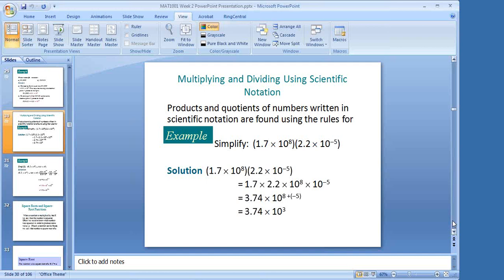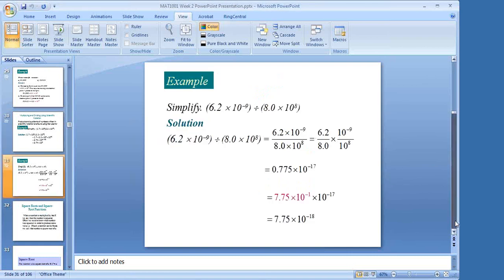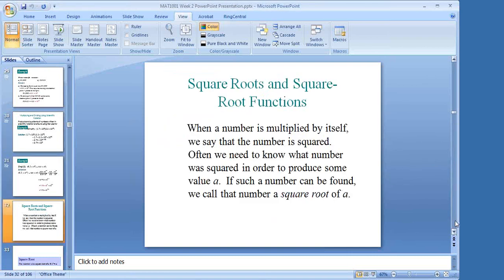I still used a calculator for that, I'll be honest with you. But 10 to the 8th times 10 to the negative 5, those are our exponent rules back, right? So I've got 10 to the 8 plus negative 5, or 10 to the 3, and I'm done. Pretty easy problem. So you can see other calculations we can do with it.